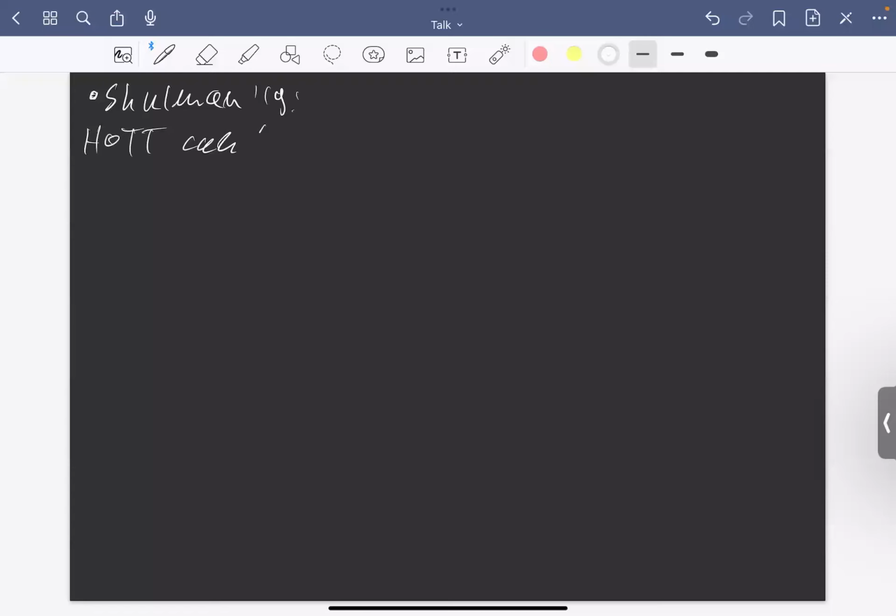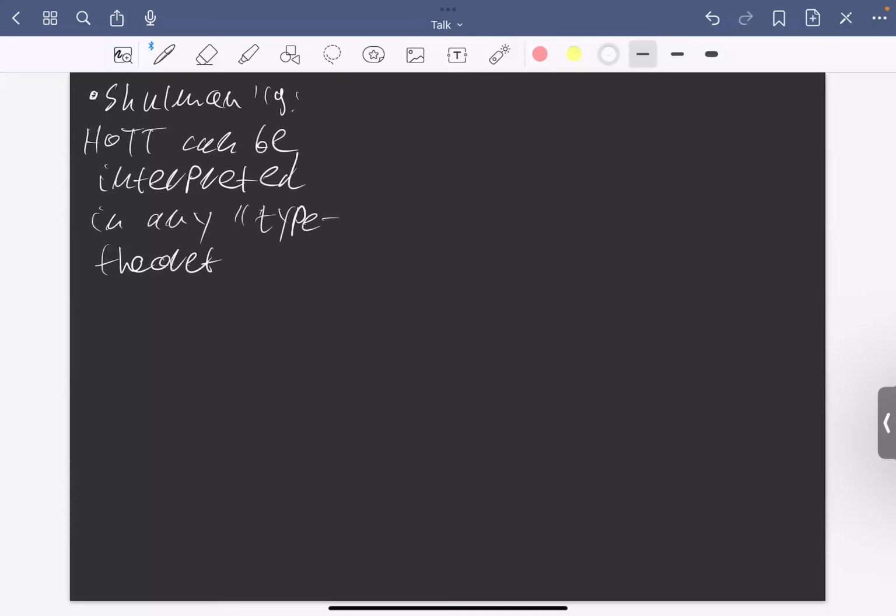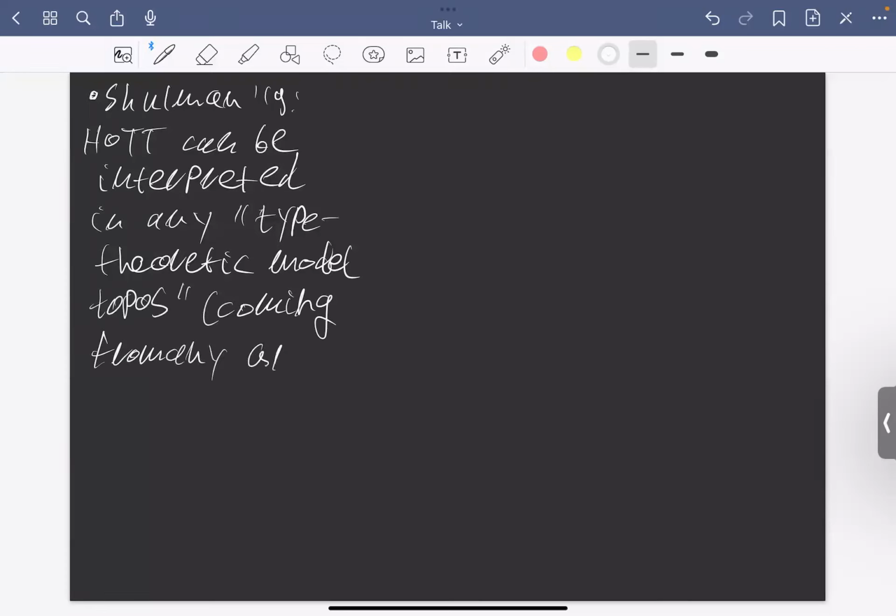So HoTT can be interpreted, well, more precisely in a certain non-categorical structure. So it can be interpreted in any type theoretic model topos. And you can get such a structure from any infinity one topos in the sense of Grothendieck, Rezk, Lurie.